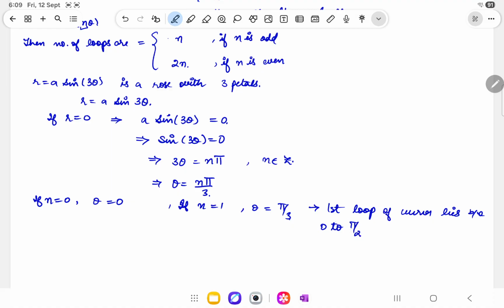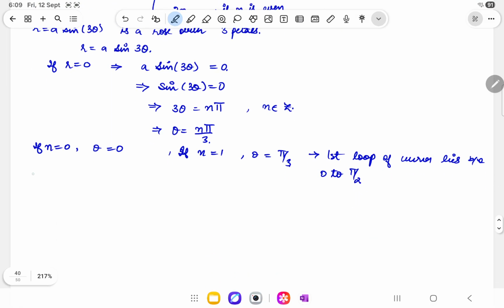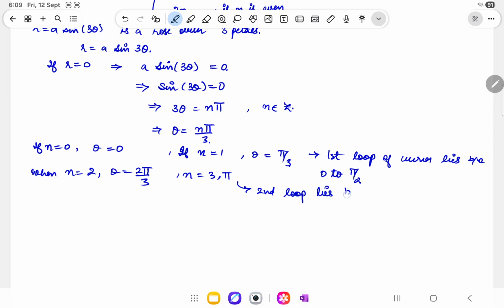Likewise, I can check where my second and third loops lie. When n is 2, theta is 2 pi by 3, and when n is 3, theta is pi. So the second loop lies between 2 pi by 3 and pi.